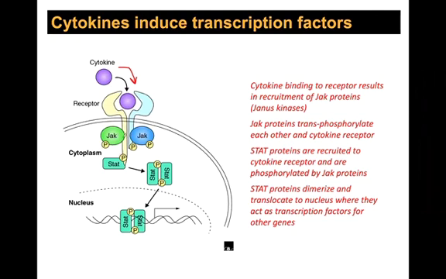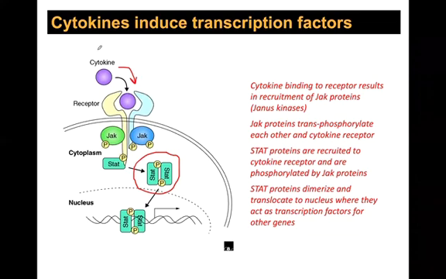Remember, this is the Roman two-faced god, and they phosphorylate each other. They then phosphorylate the receptor, which recruits the STAT proteins. Those get phosphorylated, and then they dimerize. The phosphorylated STAT proteins dimerize, and that allows them to go into the nucleus and act as a transcription factor.